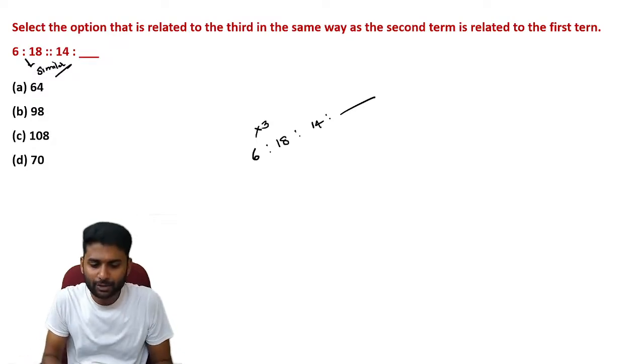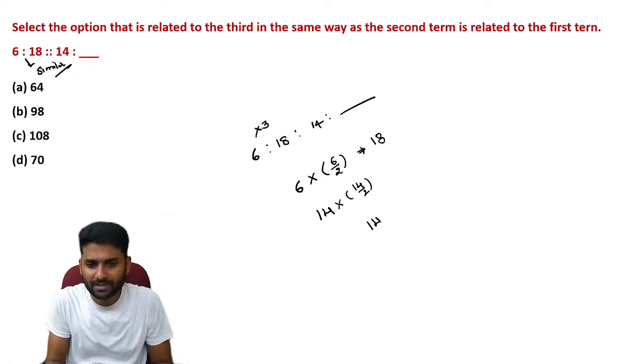Now see, 6 into 3: the relation means 6 is multiplied by half of that number. Half of 6 is equal to 3, then the result becomes 18. In the same way, if 14 is multiplied by half of 14, which is 7, you know that 7 into 14 is exactly equal to 98.